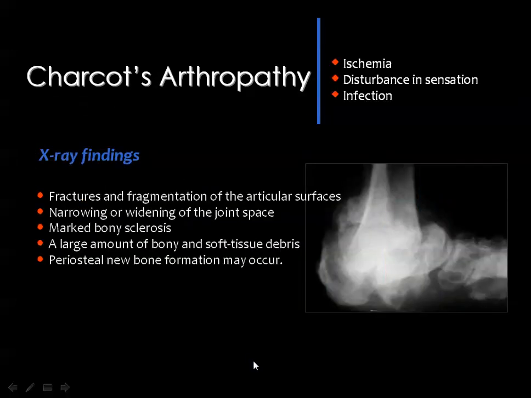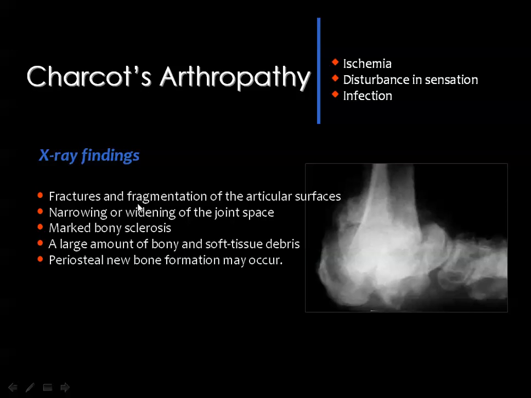The X-ray manifestations are the combination of ischemia and the loss of sensation and the superadded infection. Then you got severe extensive derangement of the joint, and there is a lot of distortion of the articular relations.